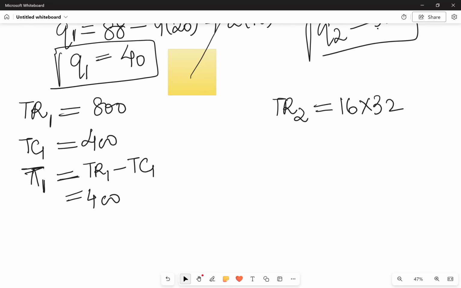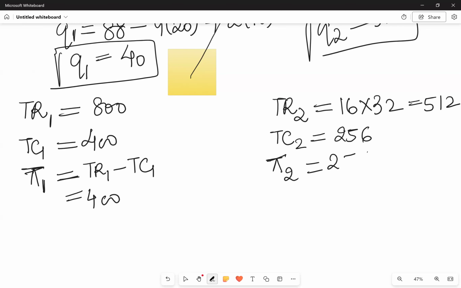We have calculated TR1 and TR2 as price into quantity demanded. So 16 into 32 will come out to be 512. And total cost for firm 2 would be equal to 256. And profit for firm 2 would come out to be 512 minus 256.